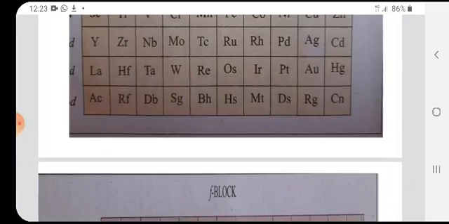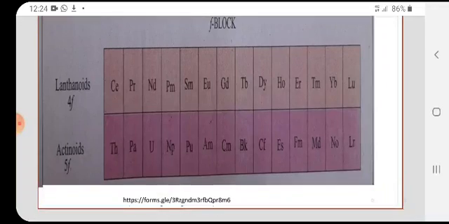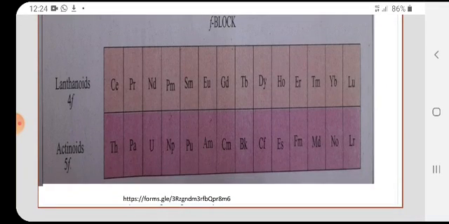So let's move towards F block elements. There are two rows in the F block elements. The first is lanthanides and the second is actinides. These two rows at the bottom of the periodic table are known as lanthanides and actinides. Lanthanides run from cerium to lutetium, atomic number 58 to 71. There are 14 elements in lanthanides, all having similar chemical properties.